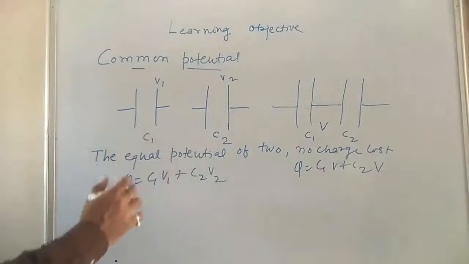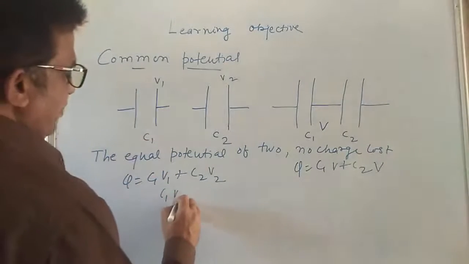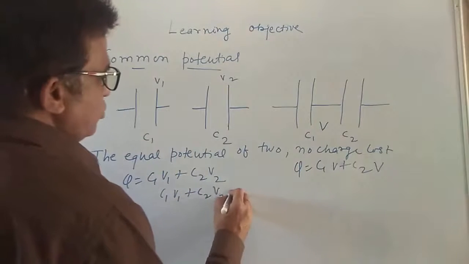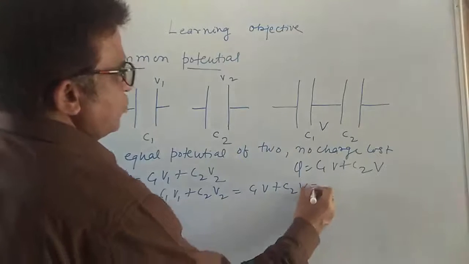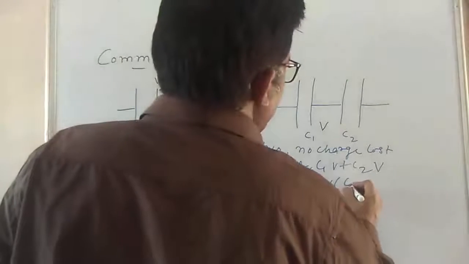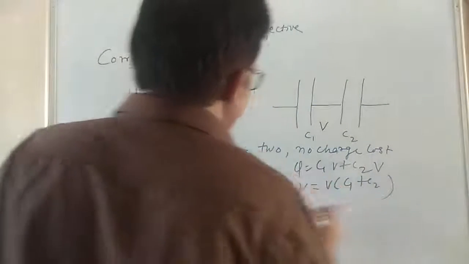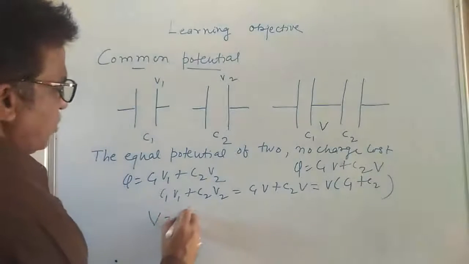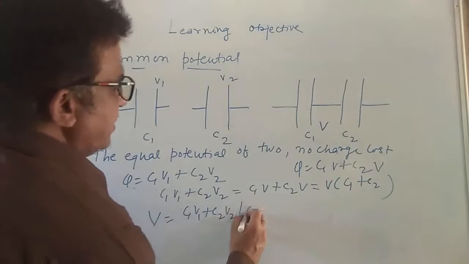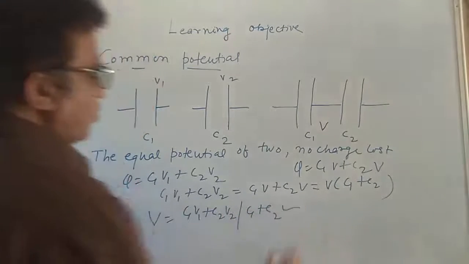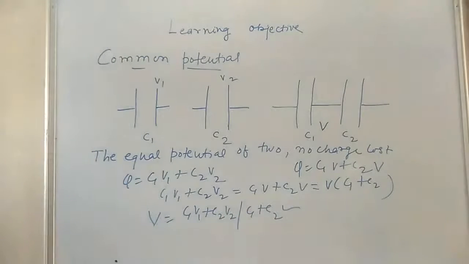So C1V1 plus C2V2 is equal to C1V plus C2V. We may take V common: C1 plus C2. So V comes out to be C1V1 plus C2V2 divided by C1 plus C2. This is the formula for common potential.